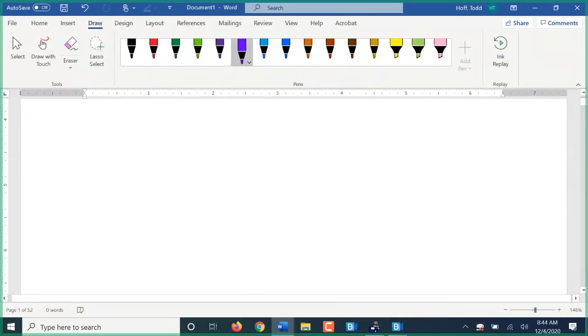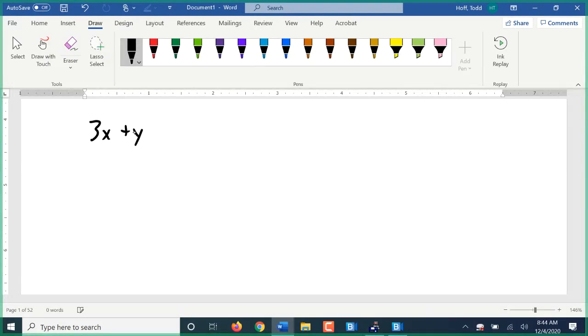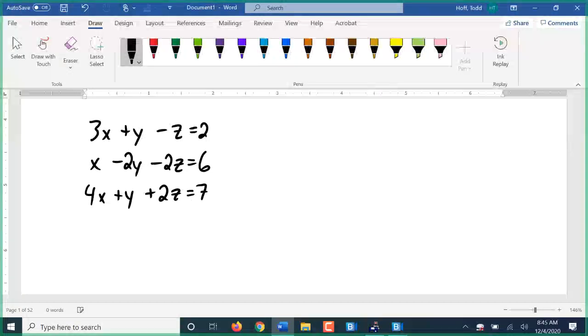Okay, so let's take a peek at another one here. So in this system, once again, I'll label them A, B, and C just so I can reference them easily.